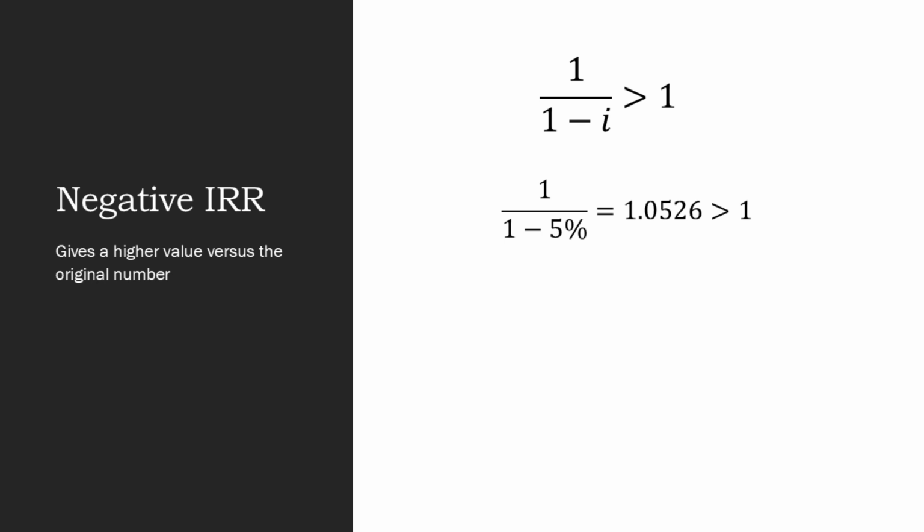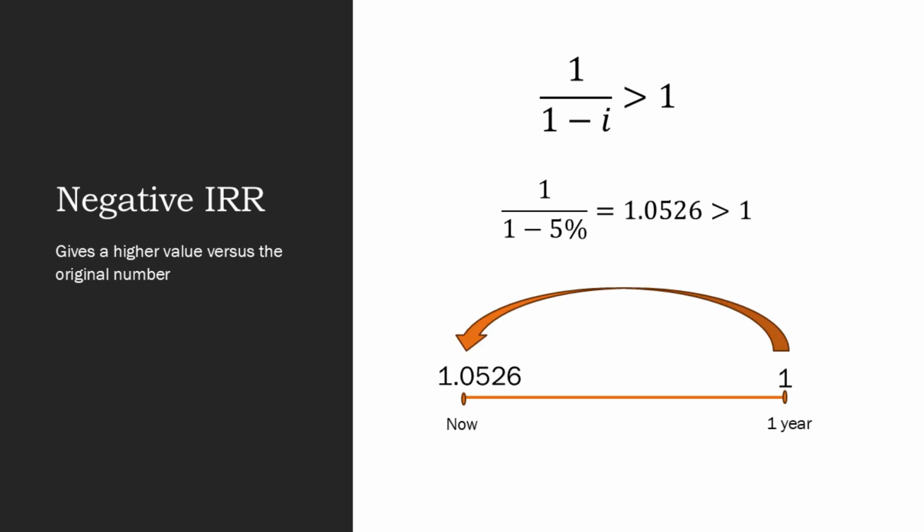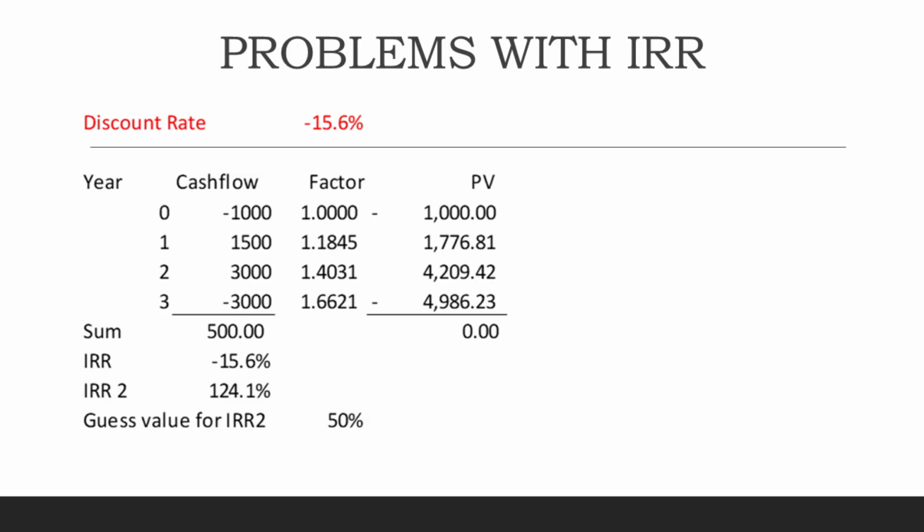That means 1.0526 now is just worth 1 in a year's time, meaning your money now is worth less in the future. This can only mean one thing, that your purchasing power now will be even less in the future. In our example, 3,000 in 2 years' time is worth 4,209 right now.